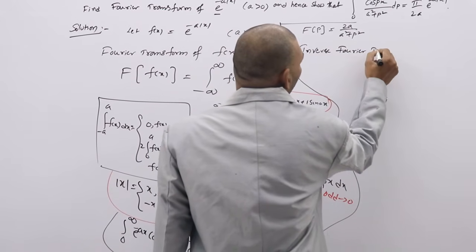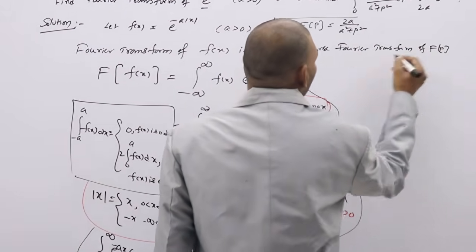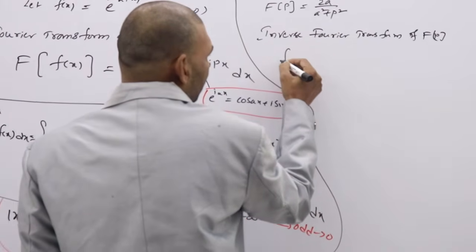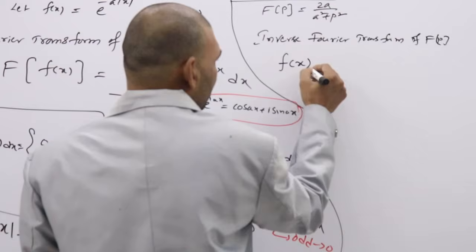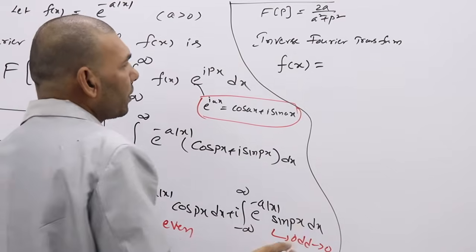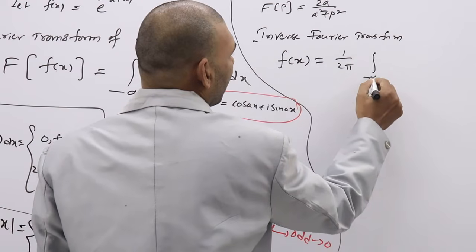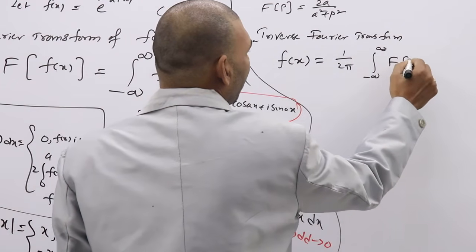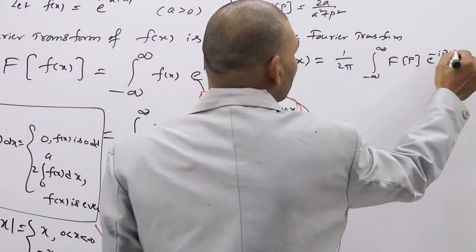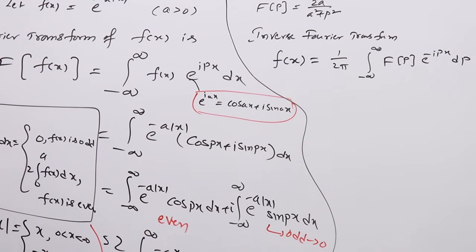Inverse Fourier transform of F of p means small f of x equal to 1 by 2 pi integral minus infinity to infinity F of p into e power minus ipx dp. This is the formula.